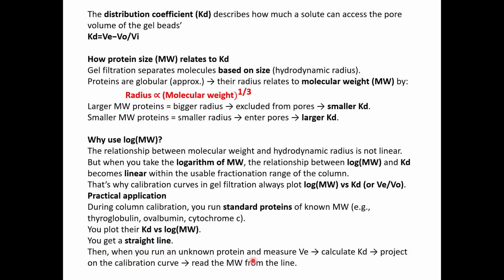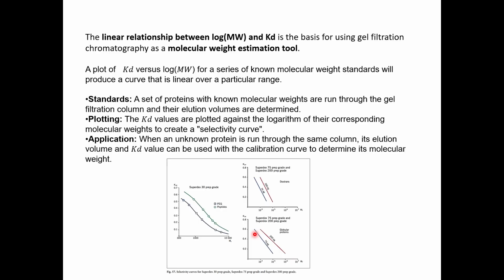When you run an unknown protein and measure the elution volume, calculate the KD and project it on the calibration curve, you can read the molecular weight from the straight line. That is the reason you take log molecular weight, to get a straight line you can use to estimate the molecular weight of the unknown.